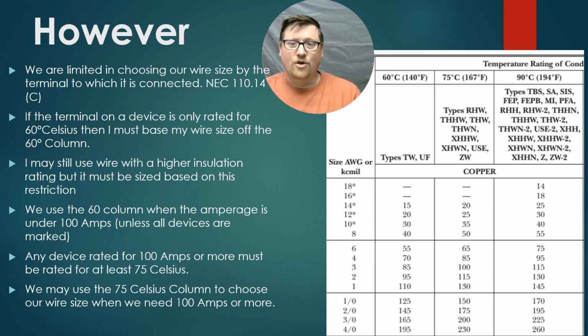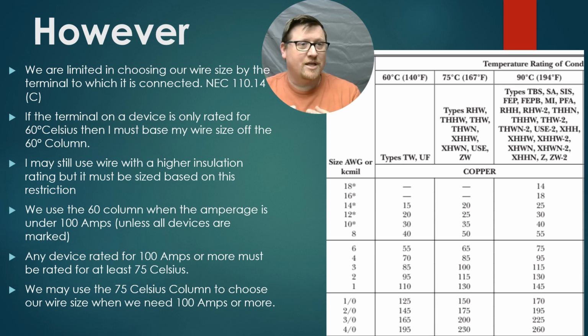So we're not just looking at the amperage of the wire, but that wire connects on either end. Either end that wire is connected, it's bolted in, it's got a set screw, it's got something that's holding that wire in. And so that terminal is rated for a certain temperature, and it needs a certain size wire in it.